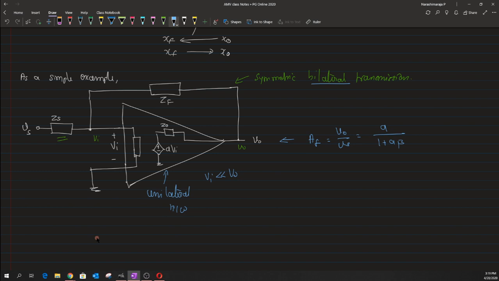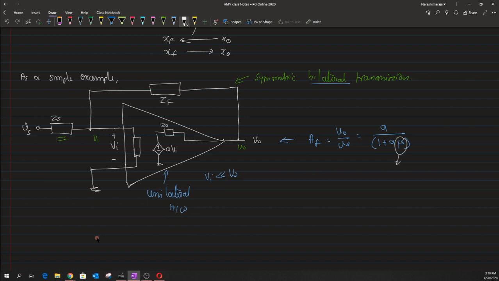Again this 1 plus a beta is nothing but the amount of feedback, and here one could see that the beta is not a unilateral circuit, but rather it's a bilateral transmitting circuit through this feedback network.